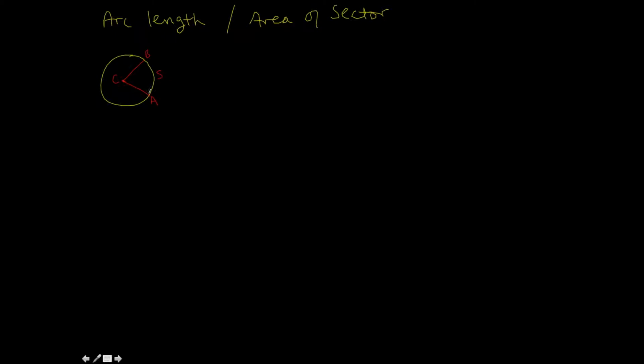This length right here would be the arc length, S. Now this angle here would be our angle theta, the angle that's subtended by the arc length, and this would be our radius. So you've got the angle subtended by the arc length S with radius R, just like we studied in our last section between radians and degrees.